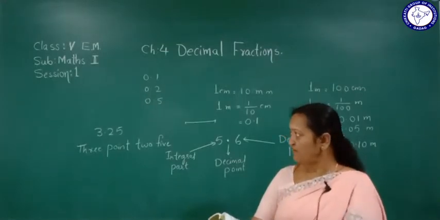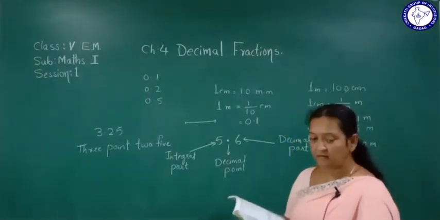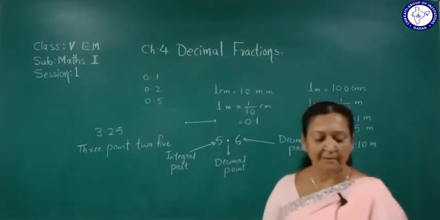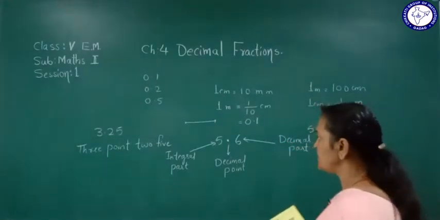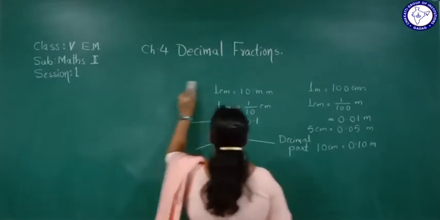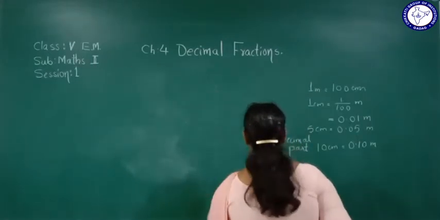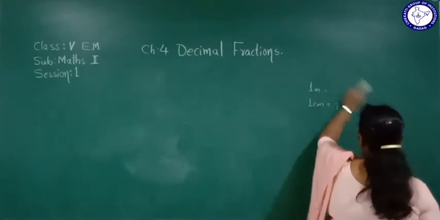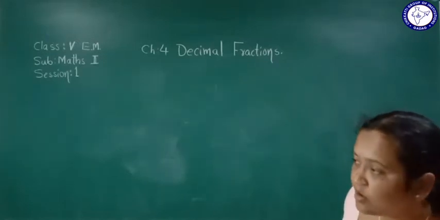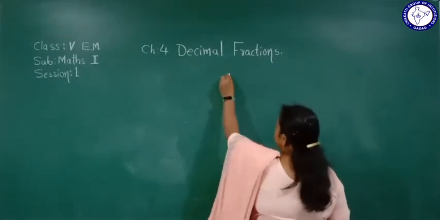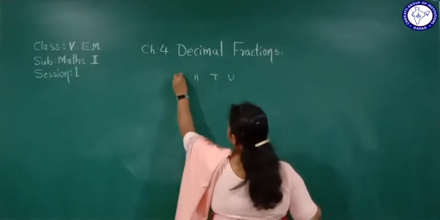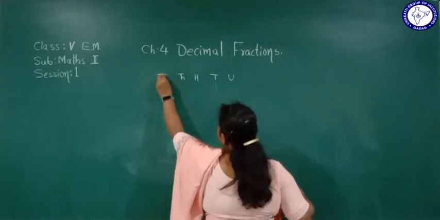Now here, as the number goes to the left side in the place value chart, as the number moves to the left hand side its value increases, and as the number moves to the right hand side its value decreases. Here we know in the number chart, first is the unit place, tens place, 100 place, 1000 place, 10,000 place, isn't it?